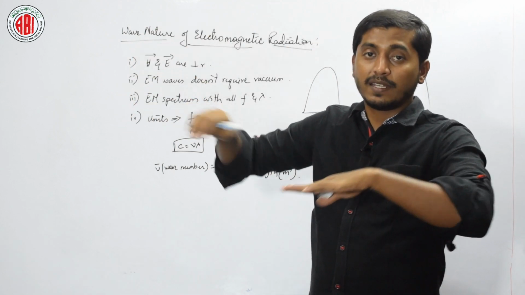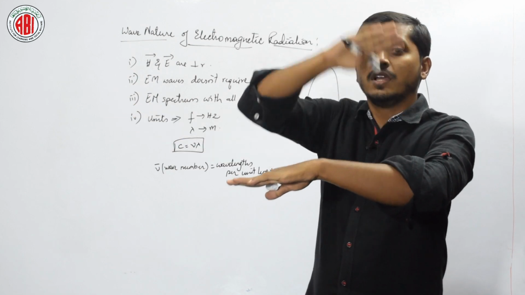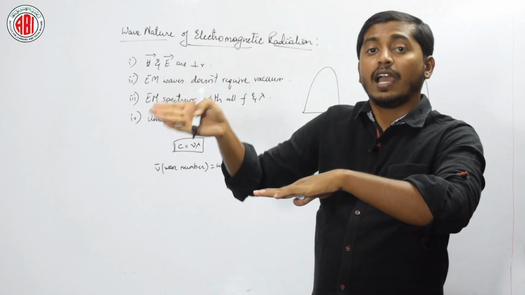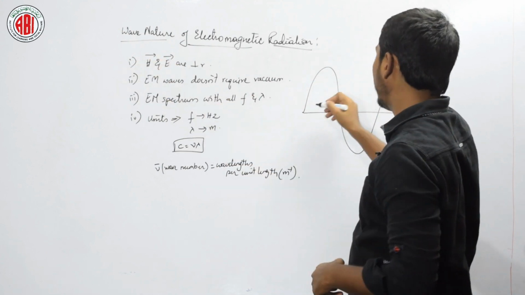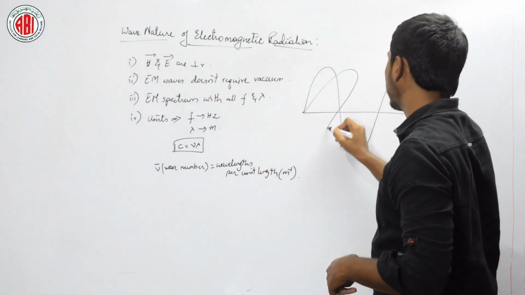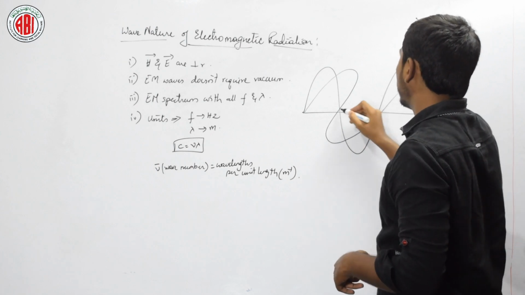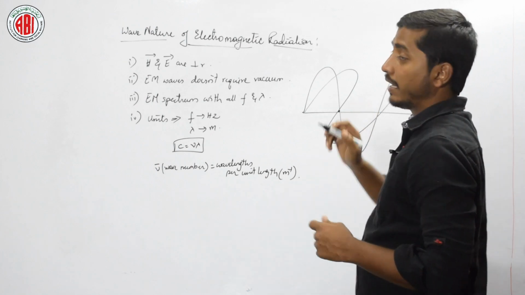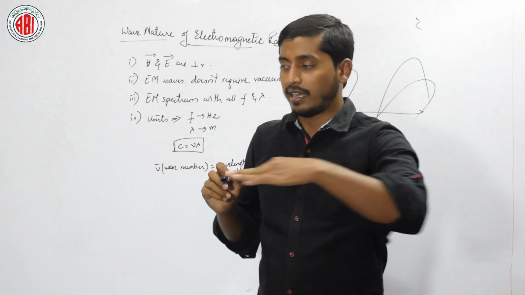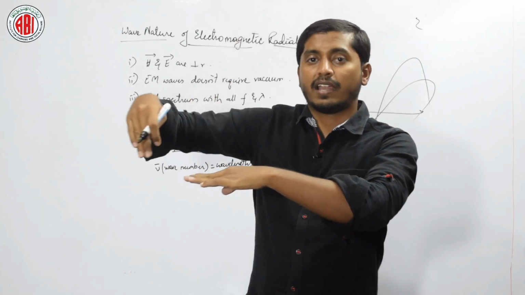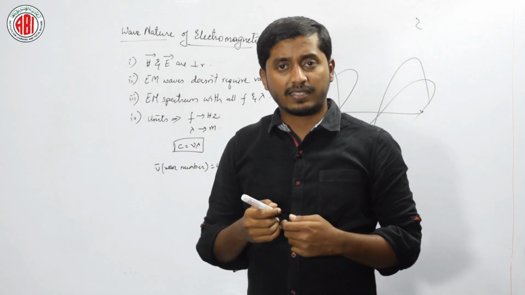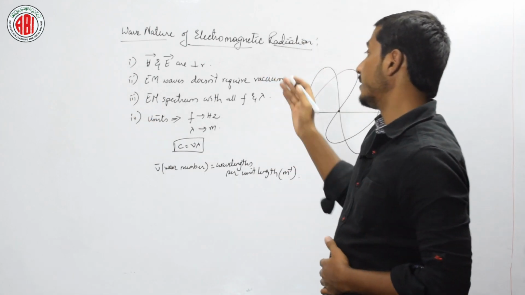Can you understand? This is perpendicular to the propagation of the electric field and also perpendicular to the propagation of the magnetic field. Usually in diagrams we represent it like this, right. Here the angle should be 90 degrees. This is the direction of propagation, this is the electric field, and this is how the magnetic field moves. Is it clear? That is what he tells.